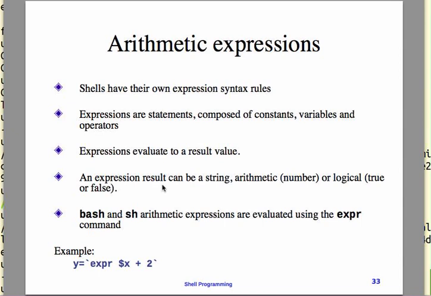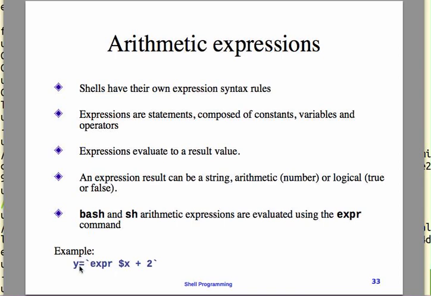An expression can be a string, a number, or a logical value like true or false. In bash and sh, arithmetic expressions are evaluated using the expr command. For example, if you want to add x plus 2 and store it in y, this is how you do it. Unfortunately, we can't just say y is equal to x plus 2. No, that would be too easy.